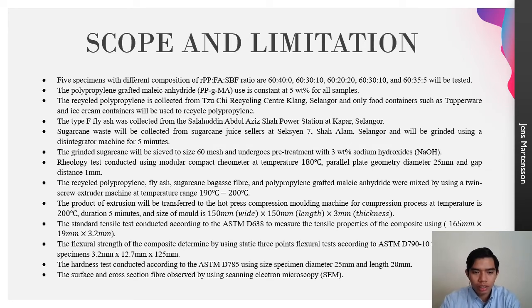Rheology tests will be conducted using a modular compact rheometer at temperature 180 degrees Celsius, diameter 25 mm and gap distance 1. The recycled polypropylene, fly ash, sugarcane bagasse fiber, and polypropylene grafted maleic anhydride will be mixed by using twin screw extruder. The product of extrusion will be transferred to the hot compression molding.